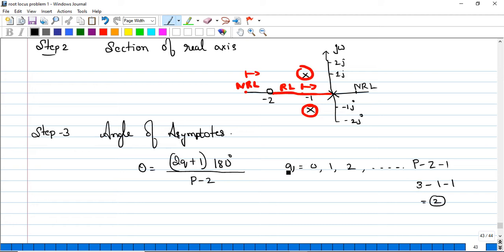Meaning I should substitute q as 0 and identify the value of theta 1, then substitute q as 1 to identify theta 2, and so on, stopping at the final term.